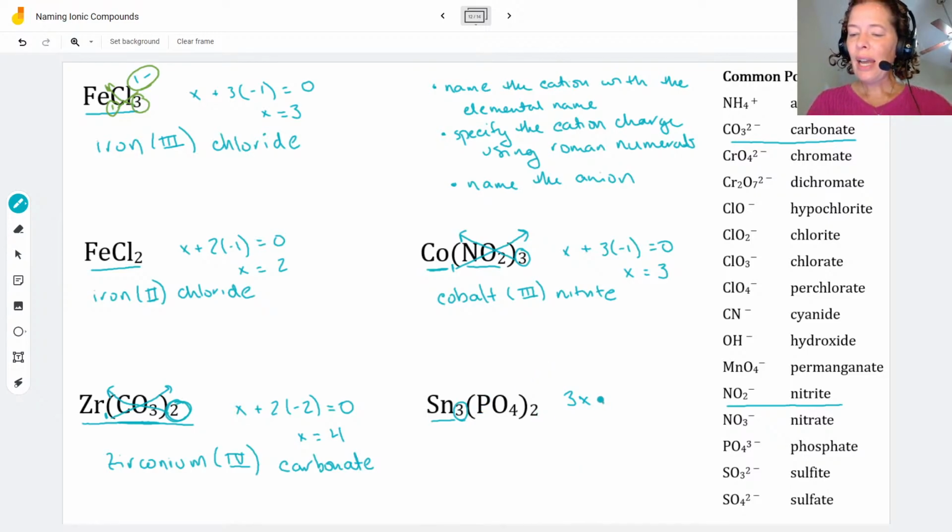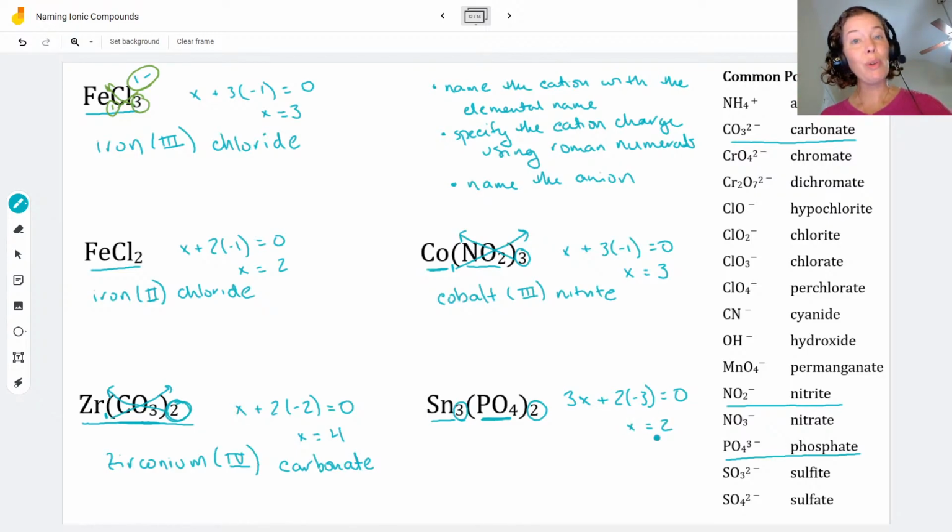Now we need to identify our anion, PO4. That's a polyatomic right here. It is phosphate. Its charge is -3, and I have 2 of them, so I've got 2 multipliers here. Plus 2 times -3. Again, this is 0. Now, you can solve for X, and you'll get X equals 2, and that's not a problem.